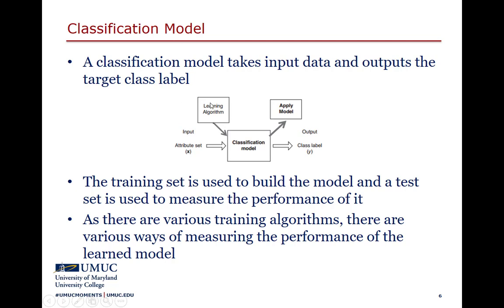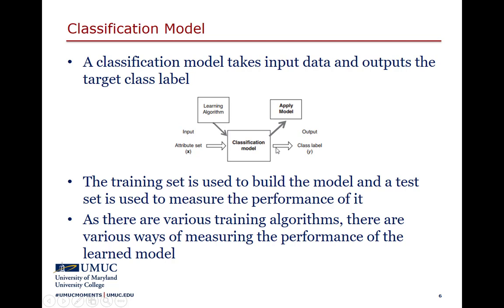But you apply a learning algorithm on the data set, and you estimate that function. And that is your trained model. So at that point, you have a model, and now you use the model for future cases. Now you don't have labeled data, right?